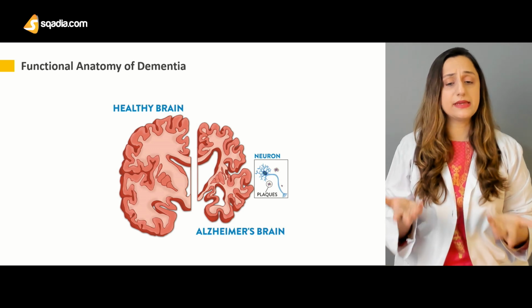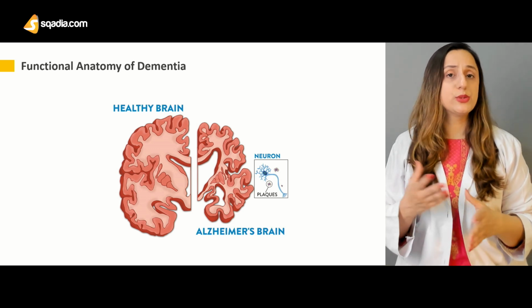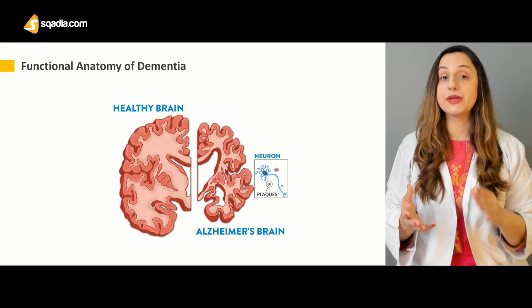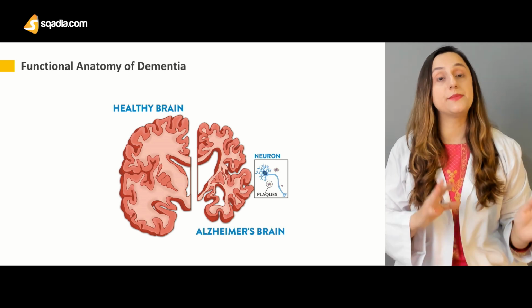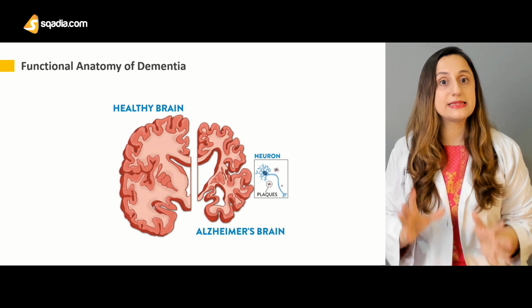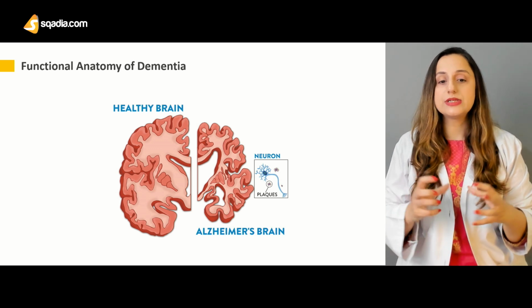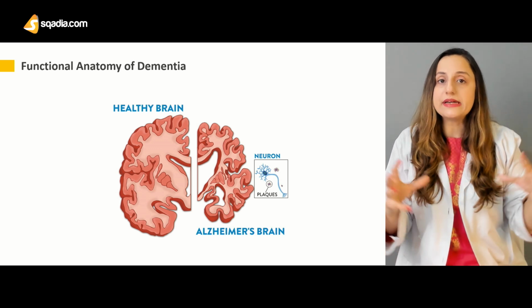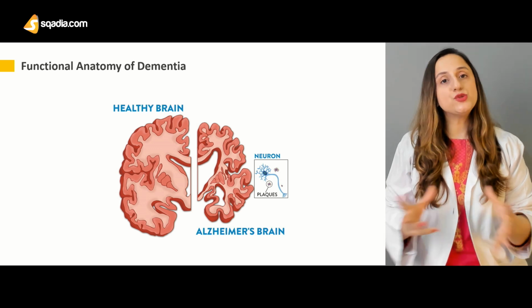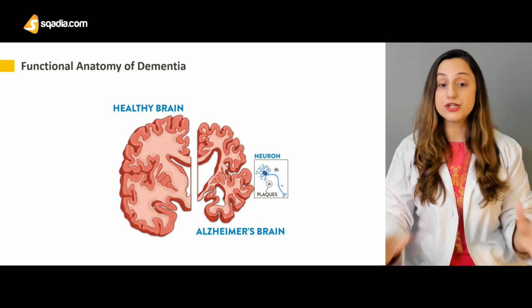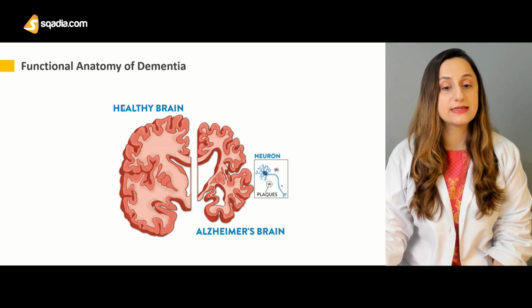When we look at this diagrammatic representation and compare a healthy brain with a brain suffering from Alzheimer's disease, you are going to see that there is cortical atrophy. Due to this cortical atrophy, there is an enlargement of the ventricles that is noted over here. These spaces in between are known as the ventricles.